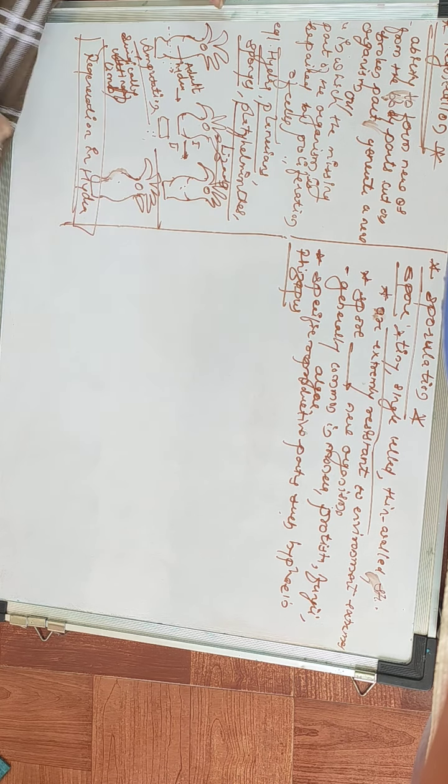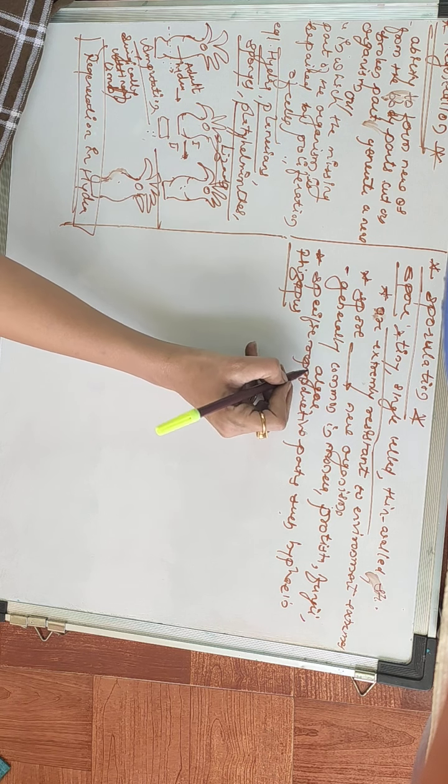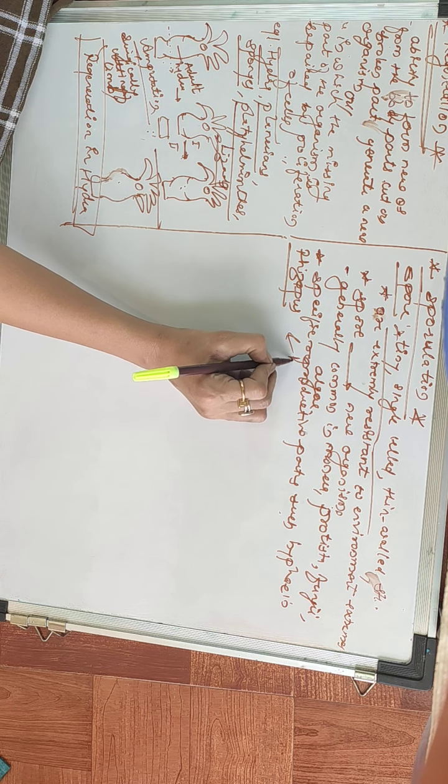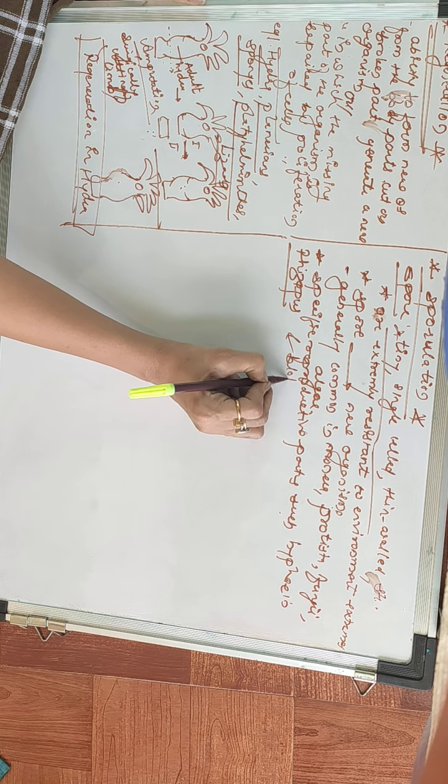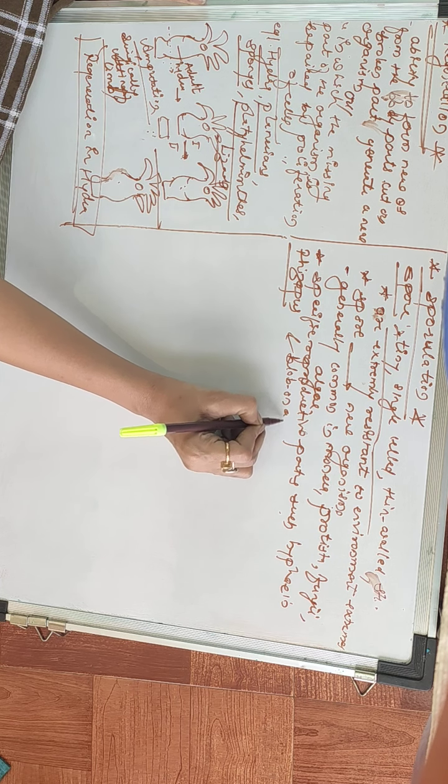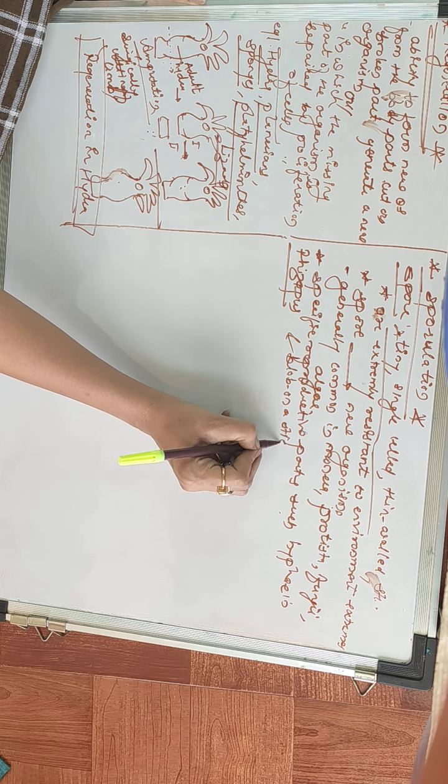Such as hyphae in Rhizopus, and Rhizopus also has a blob on a stick structure that I will show you.